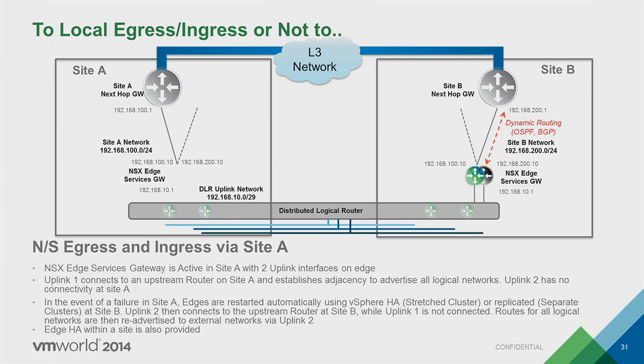So you can see that this is a solution that, while it might not be quite as sexy as a full active-active solution, is going to be the right approach in the majority of cases. Because if reducing the amount of north-south traffic over your data center interconnect is not a huge problem, and remember that your east-west traffic is already being optimized and is not unnecessarily traversing that data center interconnect, this gives you a much simpler solution that can be implemented without any special considerations for your application traffic or your north-south traffic flows.